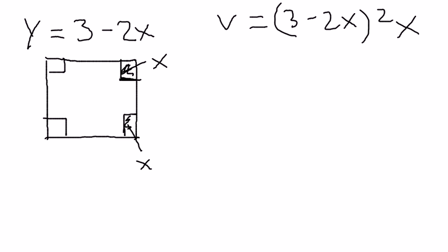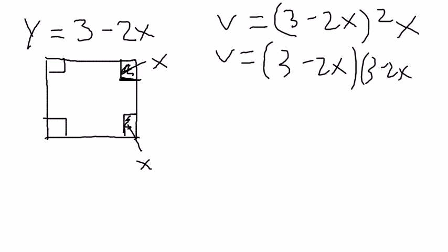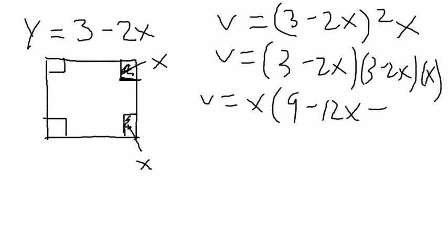So now we can split up the 3 minus 2x, so V equals (3 minus 2x) times (3 minus 2x) times x. Now, that all factors into V equals x times (9 minus 12x plus 4x squared). Now we can distribute the x and we get 9x minus 12x squared plus 4x cubed.